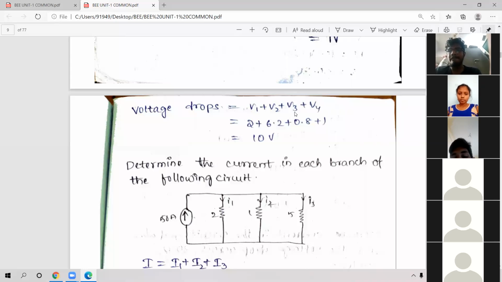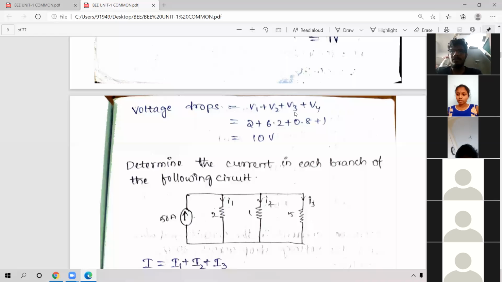Is there any resistor between I1 and I2, or between I2 and I3? There is no resistor. Whatever the line is there, it is common. If a resistor is there, it is not common. That's why that total point is a common node.